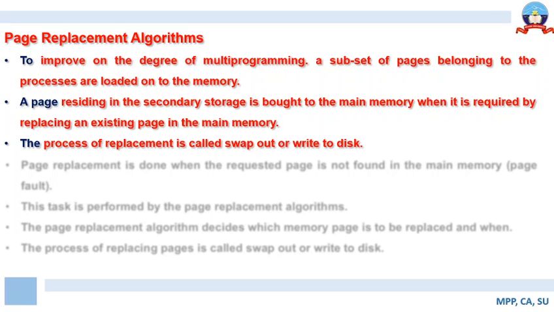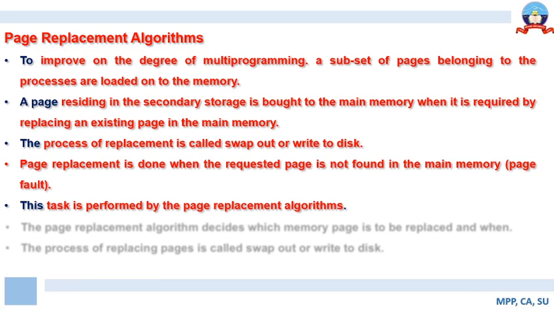Now page replacement is done when the requested page is not found in the main memory. So this is to be understood. A page replacement is to be executed when the requested page is not found in the main memory, and this task is performed by the page replacement algorithm. So the page replacement algorithm is responsible for bringing in or sending out a page from the main memory.